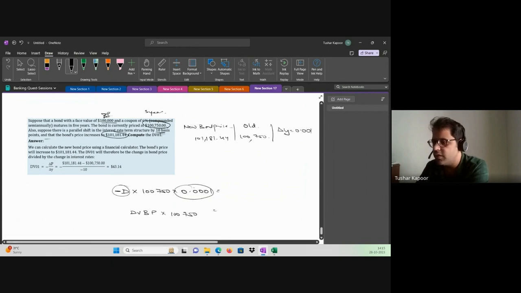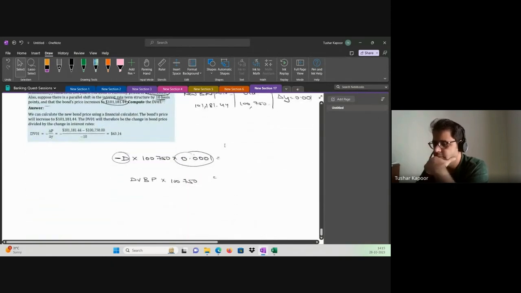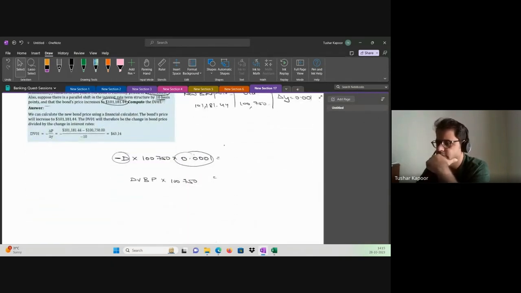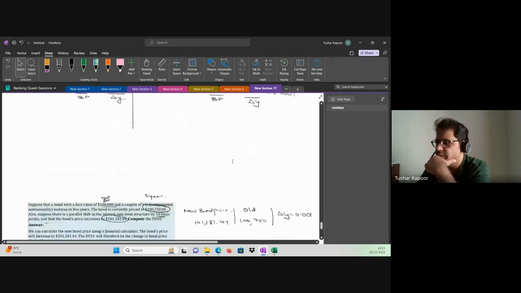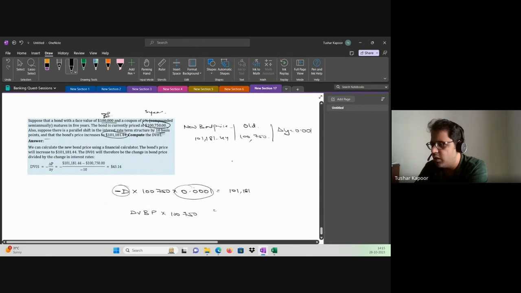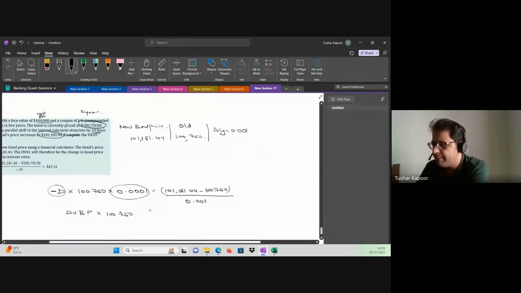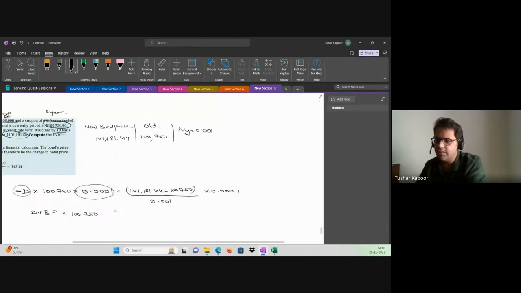On the left-hand side, what was our formula? 1 by BP. I've already calculated it: the change in bond price by the change in yield, which is 101,181.44 minus 100,750, divided by the change in yield, which is 0.001, multiplied by 0.0001. So effectively, we'll have to solve for this side.